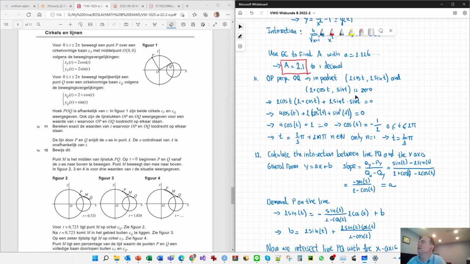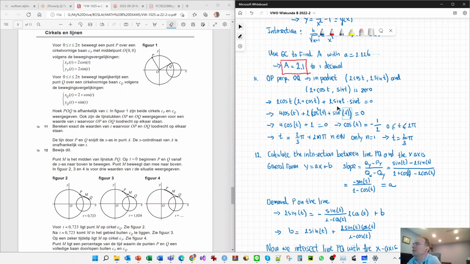Okay, it's not too difficult. You need to calculate the product of the x's plus the product of the y's of the vectors. So you get 2 cosine t times 2 plus cosine t plus 2 sine t times sine t is equal to 0.